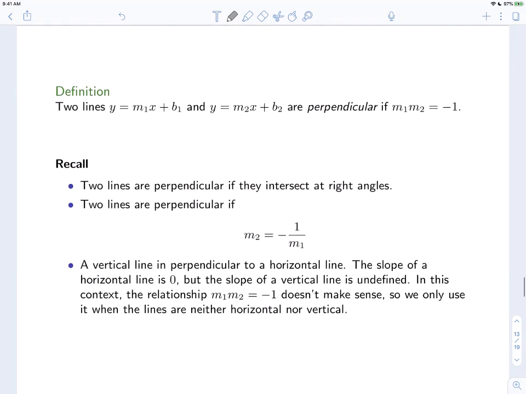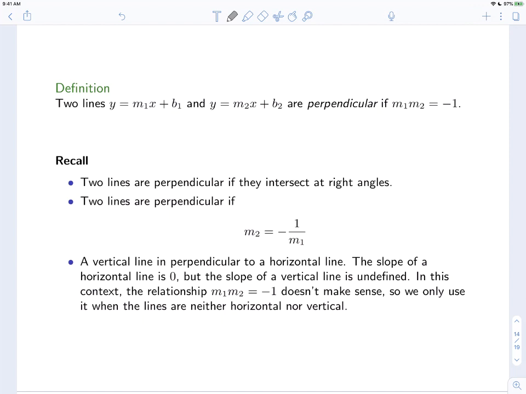What about perpendicular? Two lines y equals m1x plus b1 and y equals m2x plus b2 are perpendicular if the product of their slopes is -1. So m1 times m2 is equal to -1. Perhaps a more natural way of defining perpendicular lines is to say that two lines are perpendicular if they intersect at right angles.